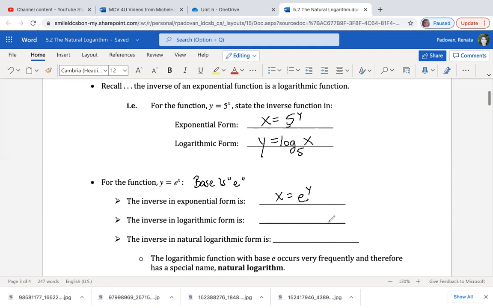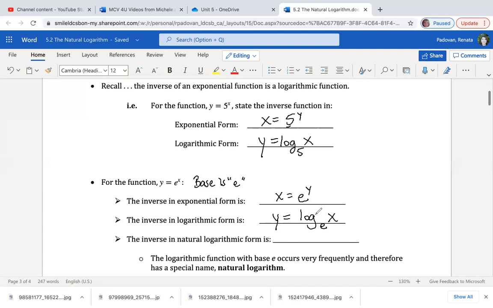We like to have y isolated, and the base is e for logarithmic form. So the inverse in logarithmic form is y equals log base e of x.